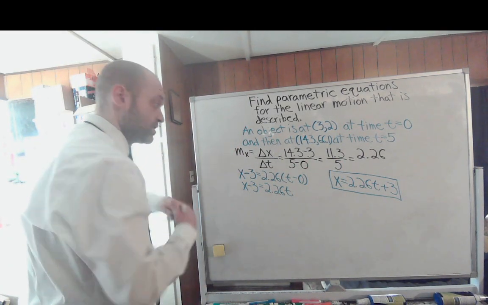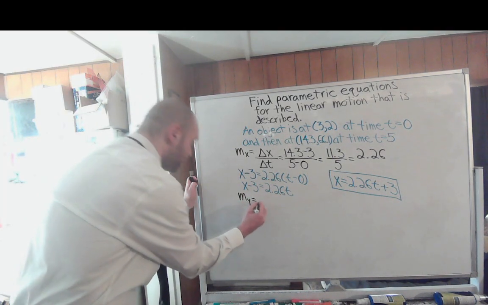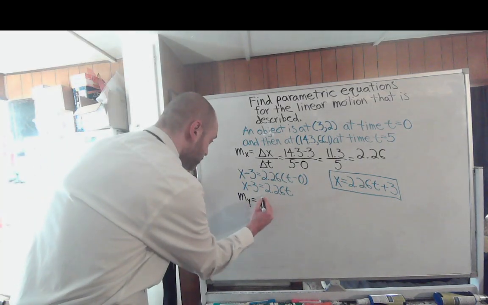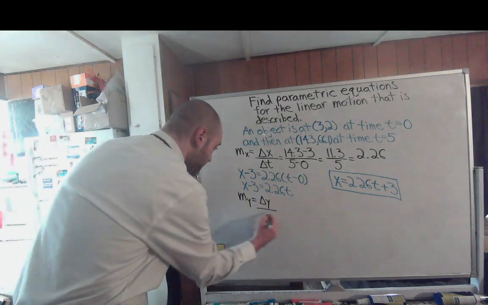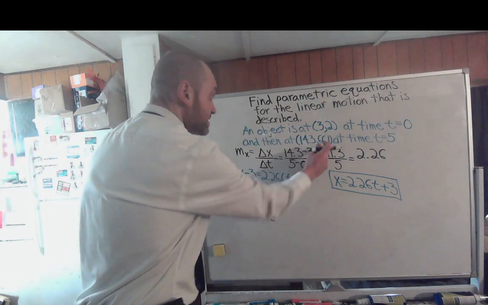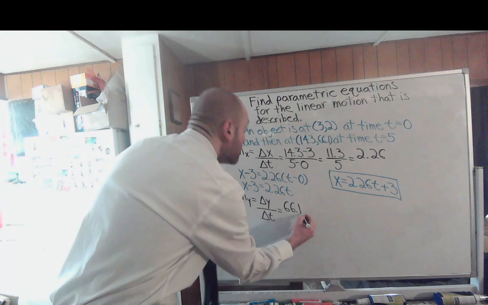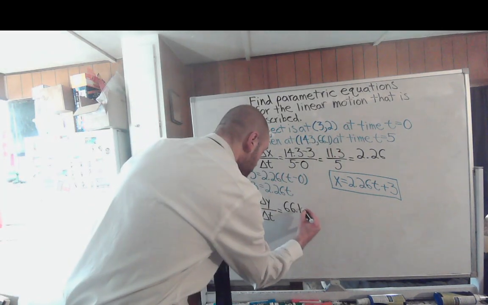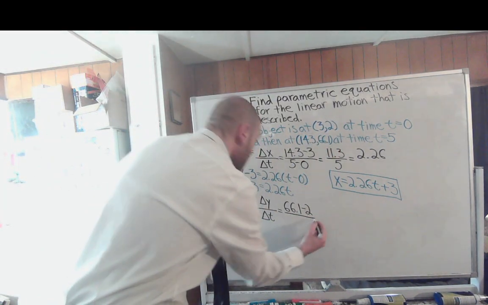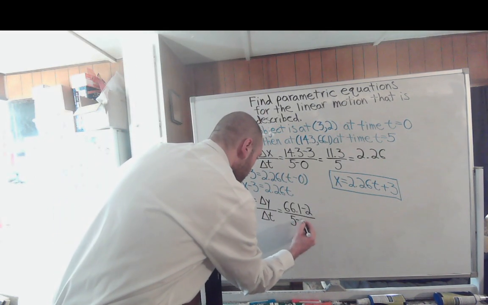So let's find the slope of the y line. So m sub y is going to equal my change in y over my change in t. Well, my second y is 66.1 minus my first y, which is 2, all over my change in t, so that'd be 5 minus 0.